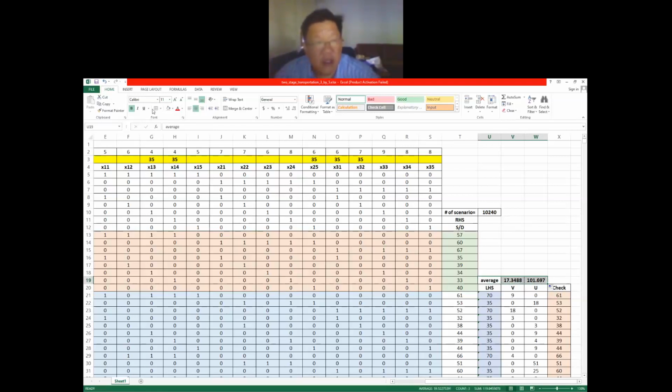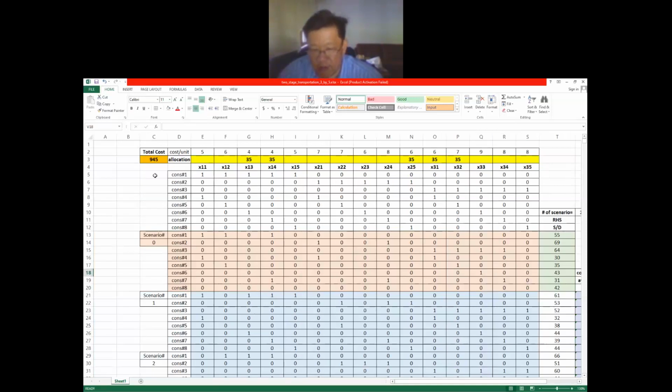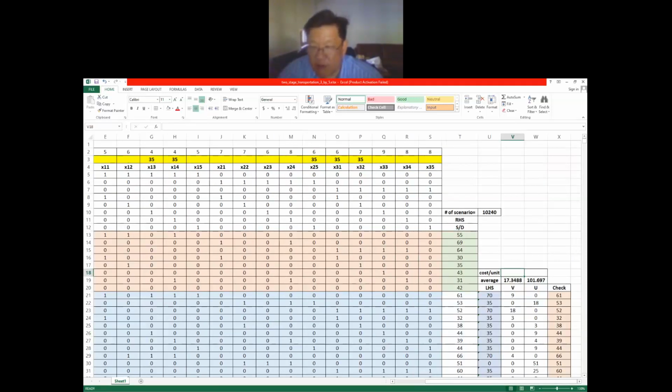Based on this allocation, you can see we use the cost per unit of this unfulfilled amount, maybe the opportunity cost or the corrective action cost over here. Suppose we add this to the original one, which is 945. Suppose the additional cost for V can be 25 per unit.